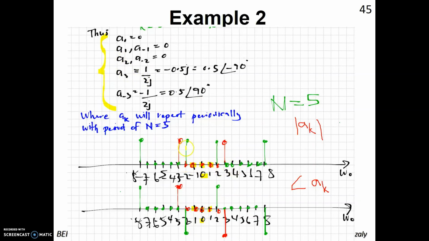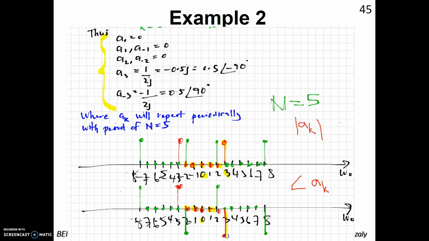So look at the red plotted graph. We have 0 here. Then for a_3, the magnitude is 0.5. You have at 3 here, this is 3, 0.5, and then the phase is minus 90.